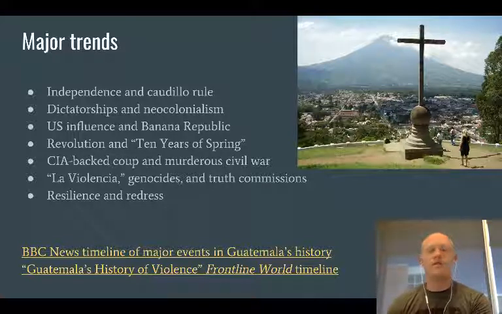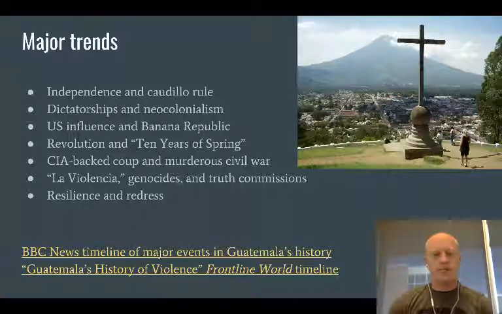The civil war is counted from different starting points depending on who's studying it, but it didn't end officially until 1996. And there are still remnants of that violence that continue in Guatemala today. So those are the last couple of issues that we'll finish with.